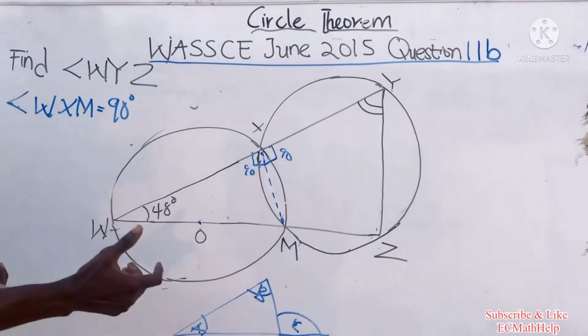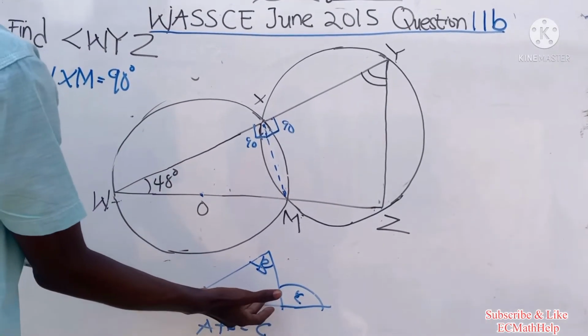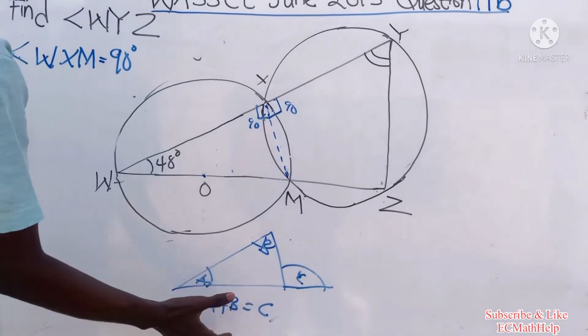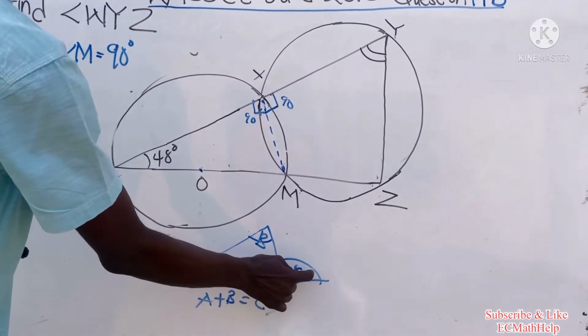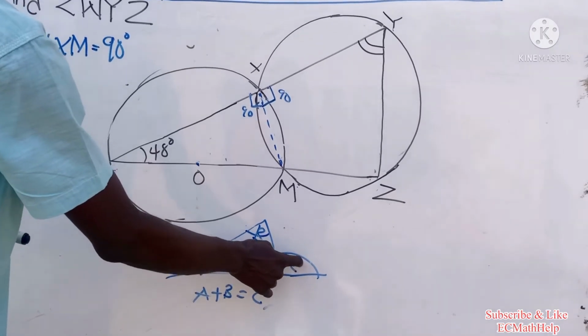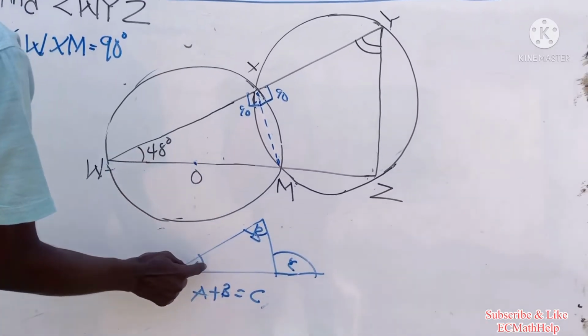That is one property of a triangle. Whenever we have a triangle, the sum of two interior angles is always equal to its one exterior angle. So this plus this is equal to this.